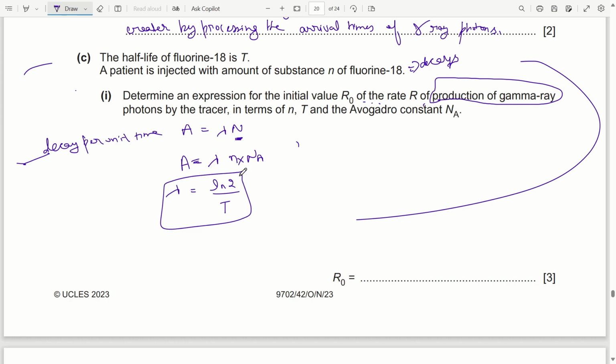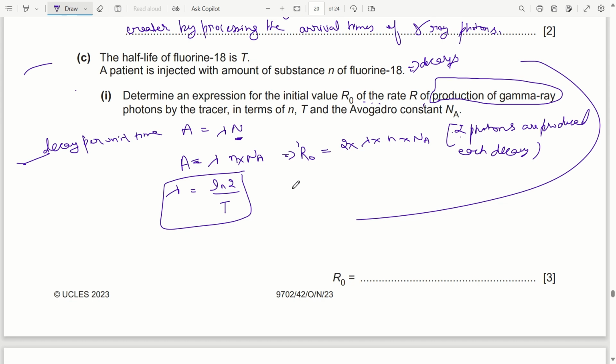So we can write that R naught, the initial value of the rate of production, is equal to 2 into lambda into N into Na. Here we have multiplied by 2 because 2 photons are produced in each decay.